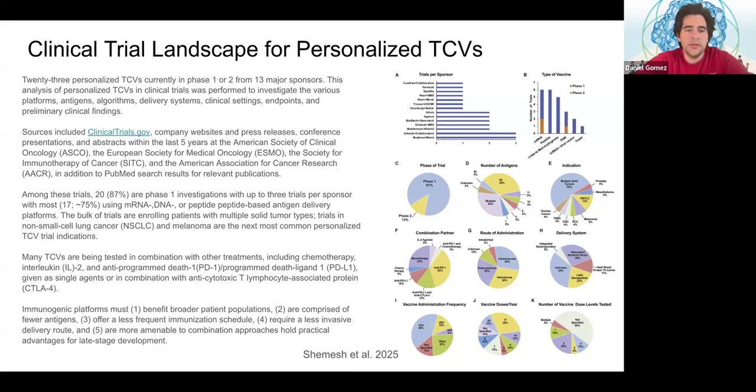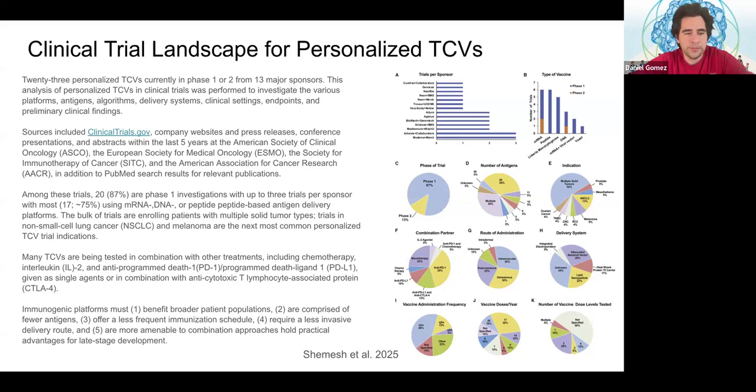Many of the TCVs are being tested in combination with other treatments, including chemotherapy, interleukin-2, and anti-programmed death PD-1 and PDL1, programmed death ligand 1, given the single antigens in combination with anti-cytotoxic T lymphocyte associated protein 4, or CTLA4.